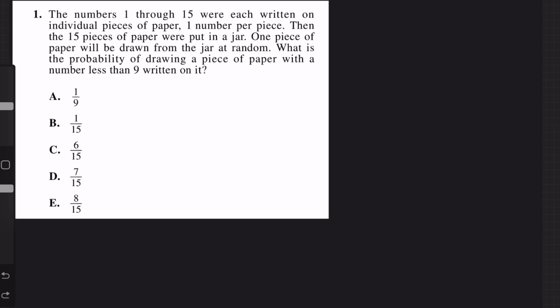They are asking what are the chances of this paper being any of the numbers from 1 to 8. 9 is not included because if it was included, it would say less than or equal to 9. So that's the reason.